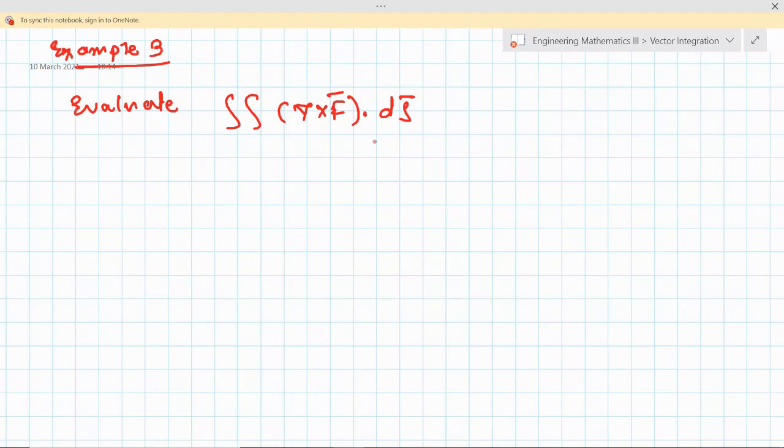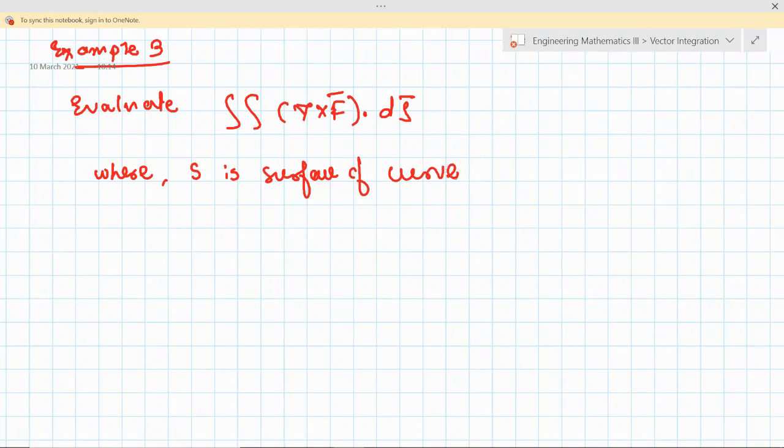What is S? S is the curved surface. What is that curve?